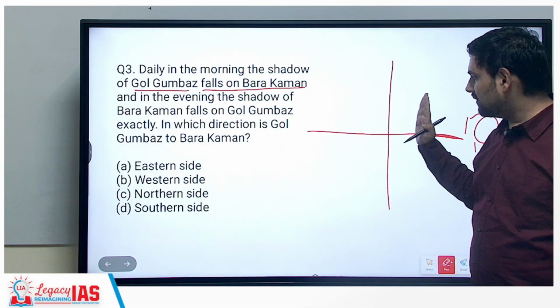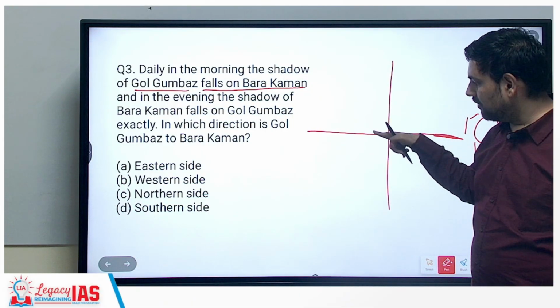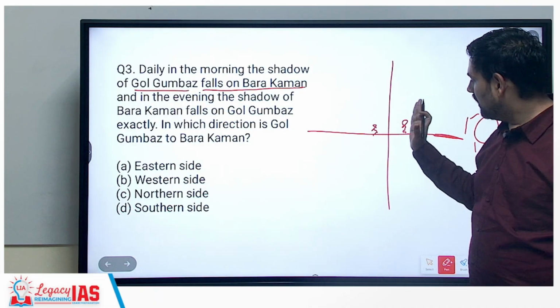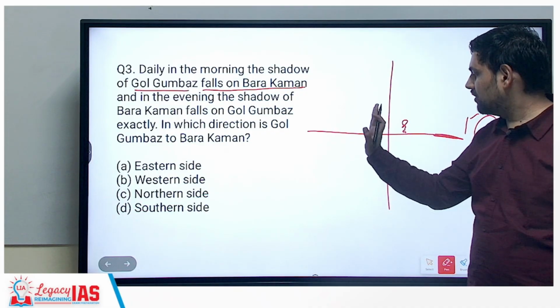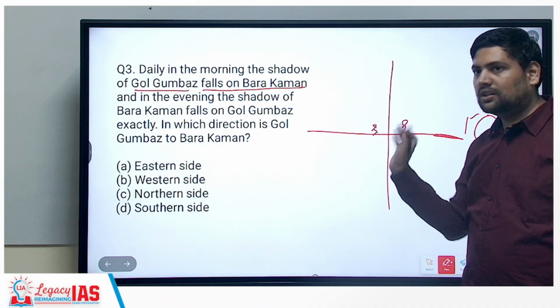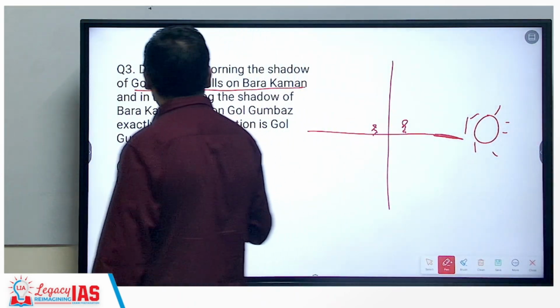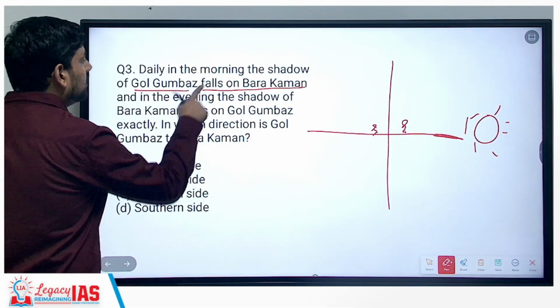Because if some person is facing in this direction, his shadow can fall on some other person who is standing here. So if there is a person like this and a person like this, his shadow can directly fall on this person, or his shadow during the sunset can fall on this person. Understood? So now they are in east west direction. Now it says the shadow of Gol Gumbaz falls on Bara Khaman.